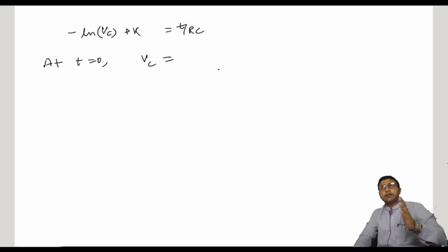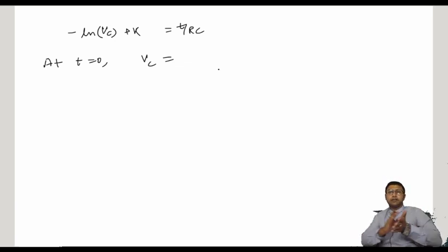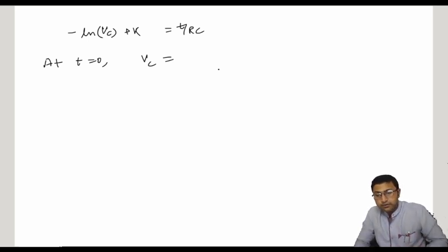First of all, when the switch is on, the capacitor voltage starts to store its charge. At t equal to 0, during the switch off, it will release its charge.